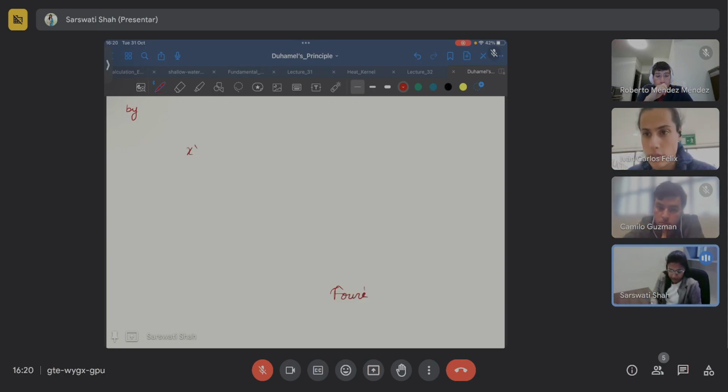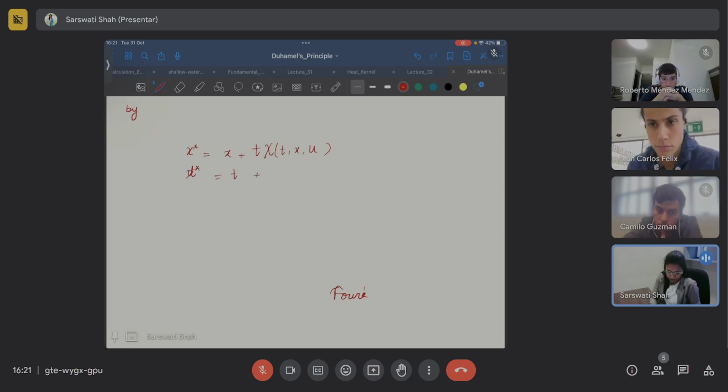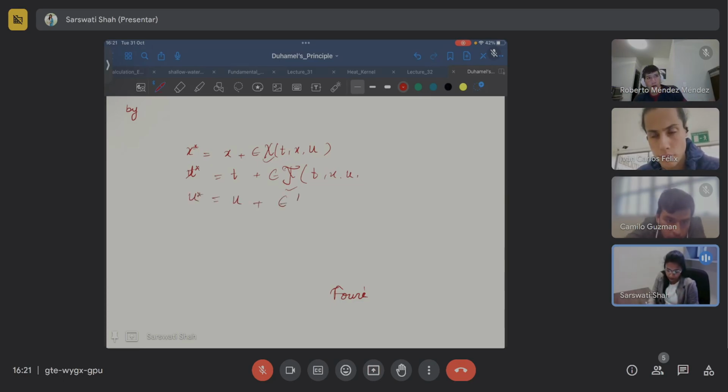I take x star to be transformed to x plus epsilon xi(t, x, u), where epsilon is a small parameter. Then for t, t star is t plus epsilon tau(t, x, u). These are infinitesimal functions, and then u star is u plus epsilon capital U(t, x, u).